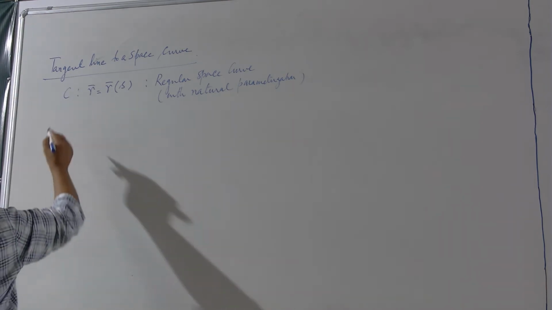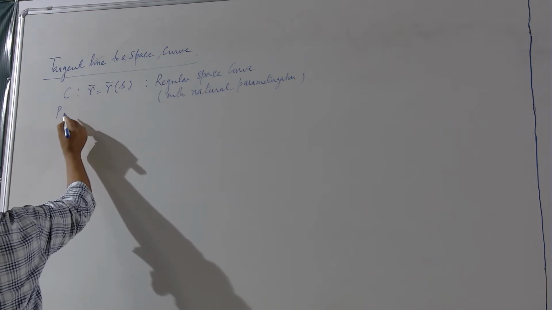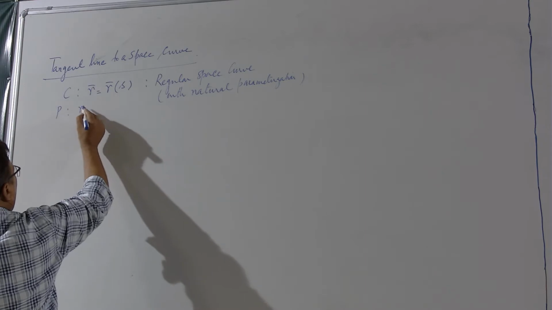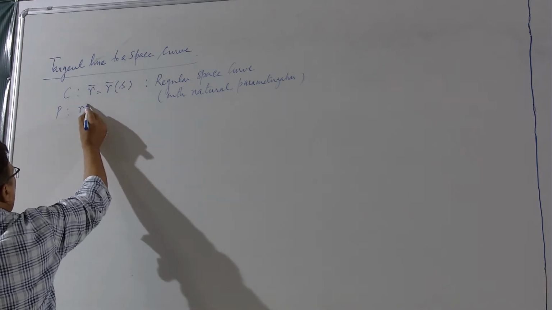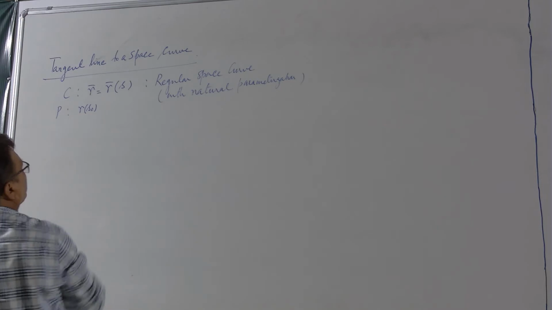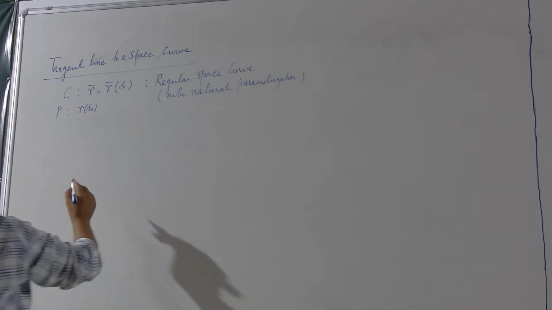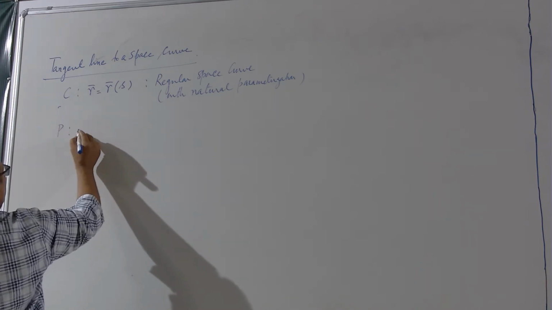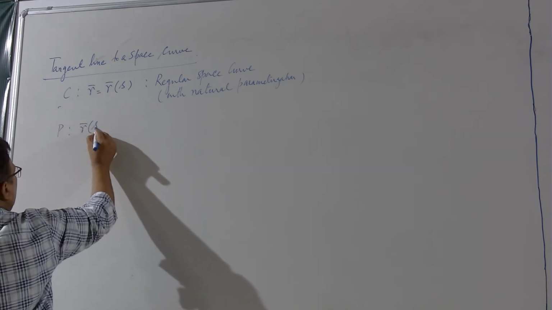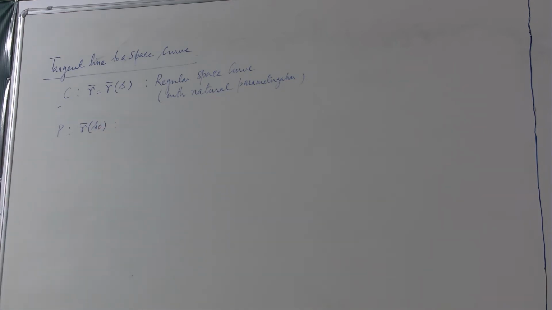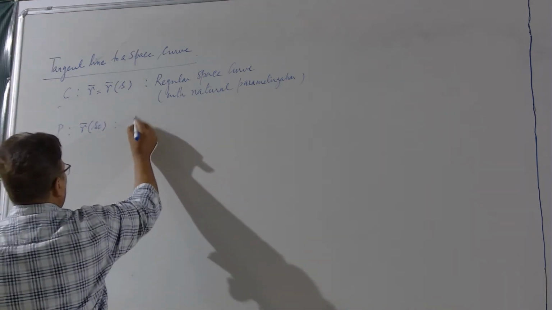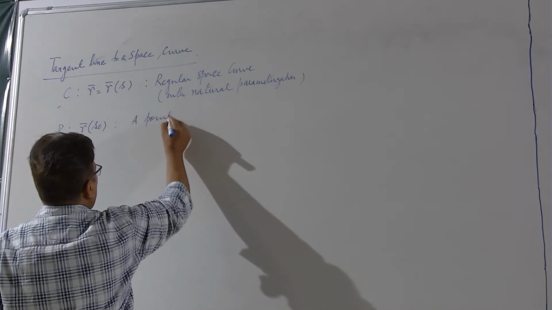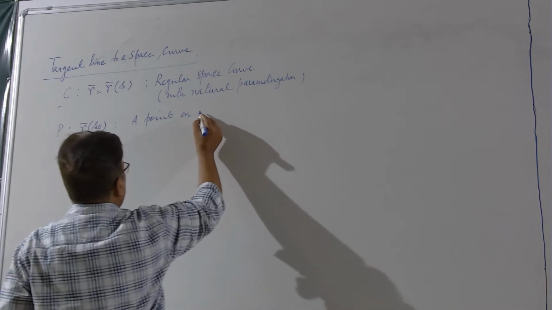And suppose there is a point P on it and its position vector is r(s0). So, P is a point on C with position vector r(s0). Of course, it is a regular point on C.